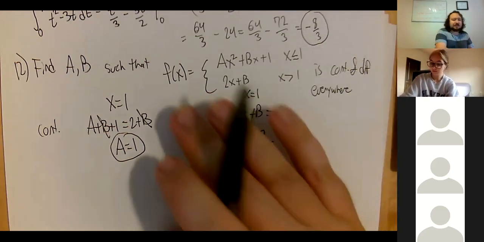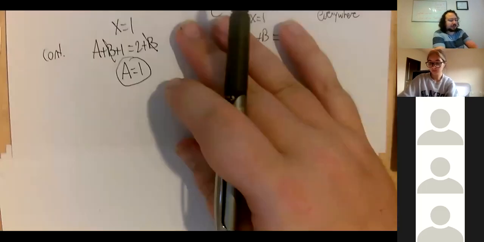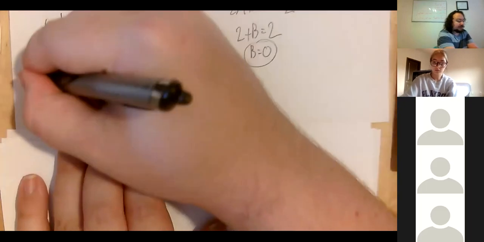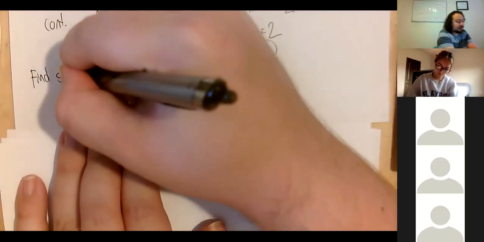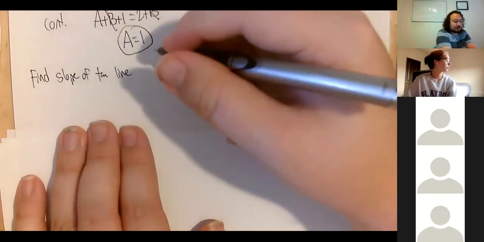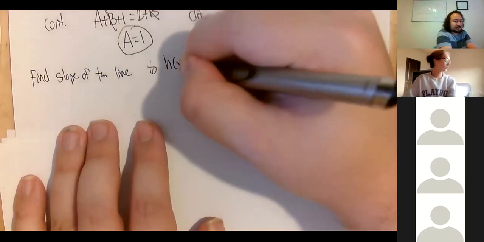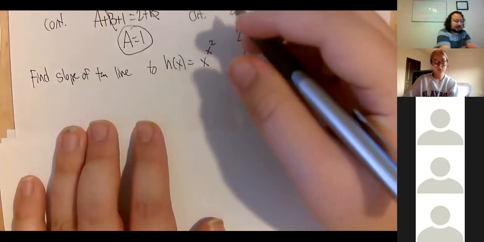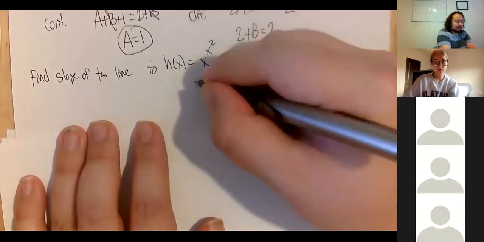So this one wants us to find the slope of the tangent line, aka the derivative. So find the slope of the tangent line to h of x equals x to the x squared at x equals 2.